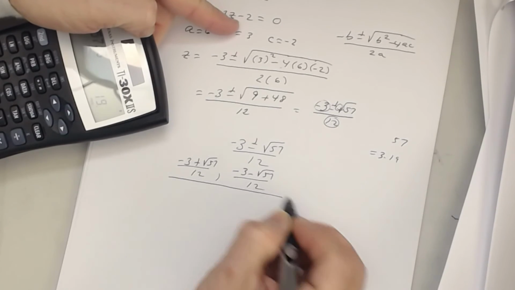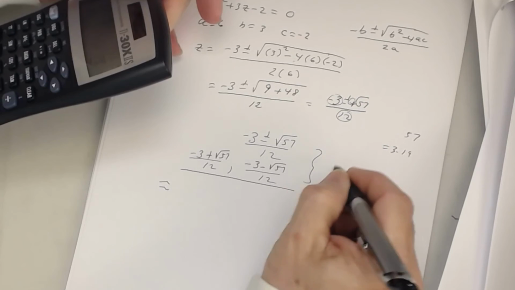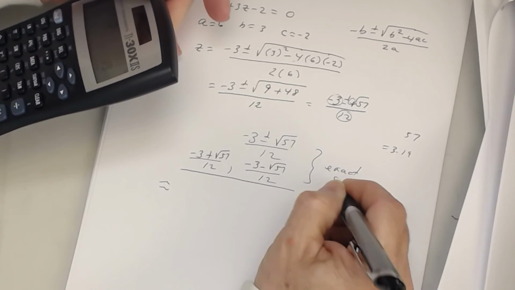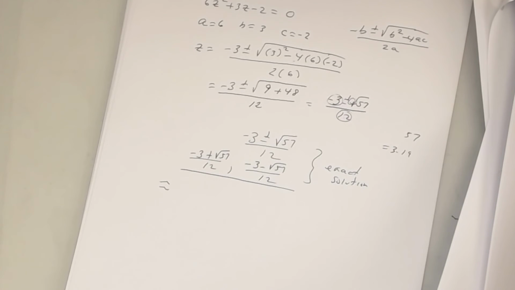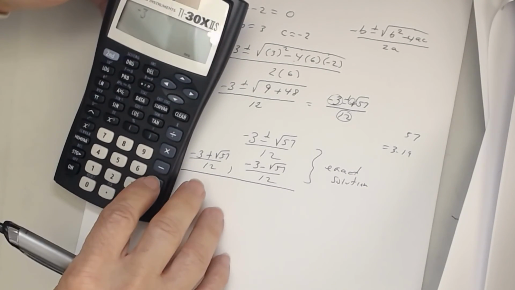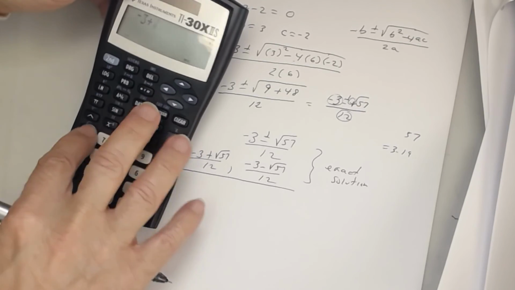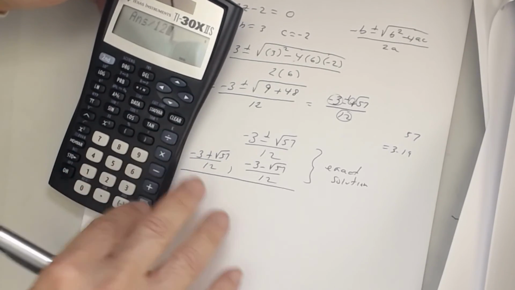All right, now to approximate this, remember, these are your exact solutions right here. Those are your exact. Another word for solution is the word roots. So those are your exact roots, your exact solutions. All right, approximate this: negative 3 plus the square root of 57. Press equal, then divide by 12.